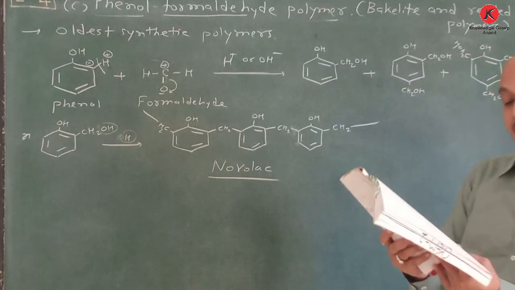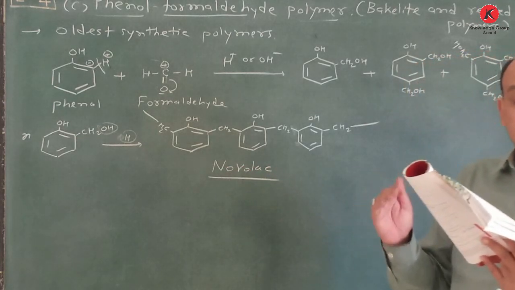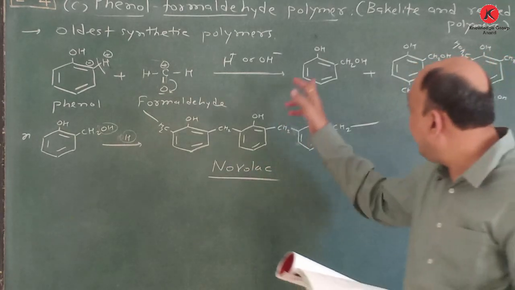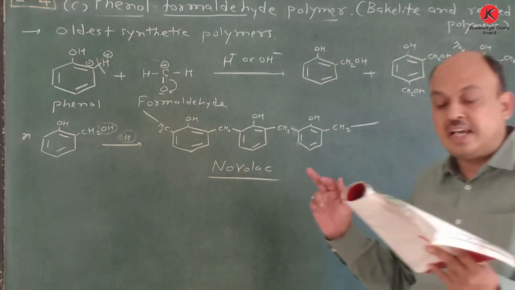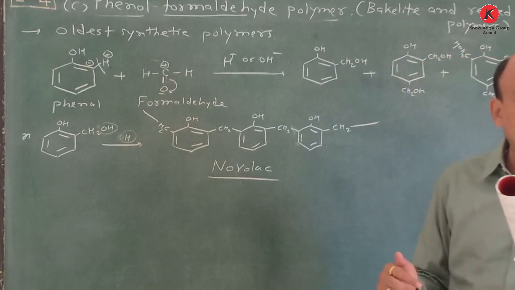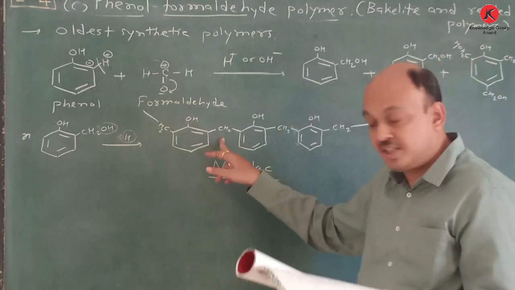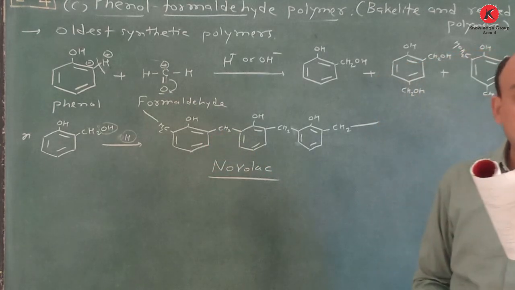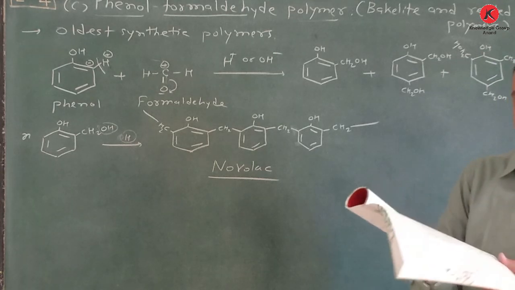Just see, according to your NCERT textbook, the reaction starts with initial formation of ortho and para-hydroxymethylphenol derivatives, which further react with phenol to form compounds having rings joined to each other through CH2 group. Just see, CH2 group is joined. The initial product would be a linear product Novolac used in paints.